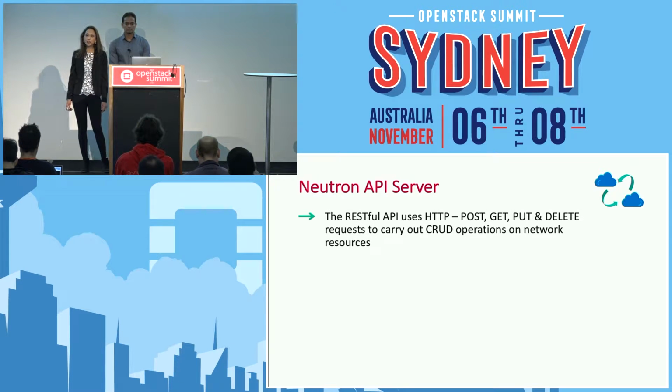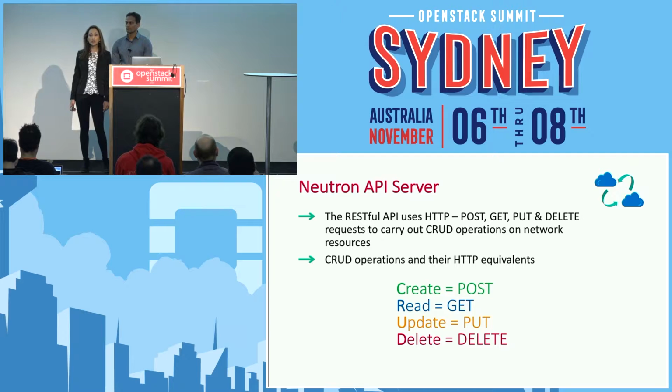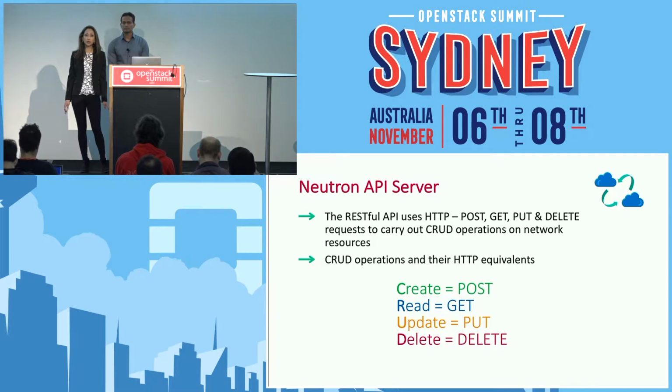The RESTful API actually uses an HTTP post, get, put, or delete request to carry out CRUD operations on the network resources. The CRUD operations and their HTTP equivalents are shown here. Create is the same as post, read is the same as get, update is the same as put, and delete is the same in both CRUD and HTTP.